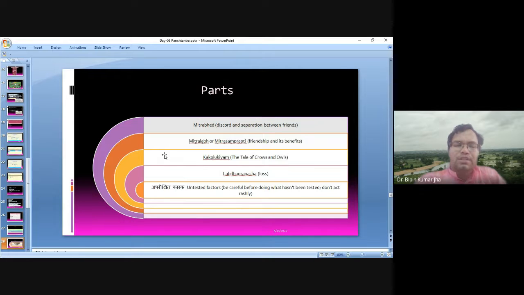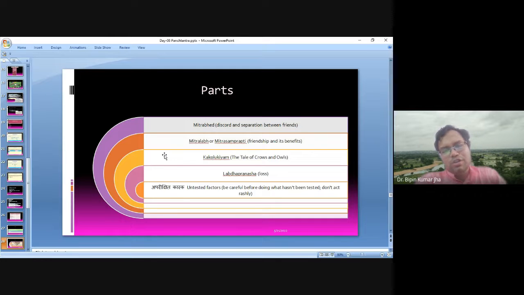So this is the first text to study, and another text is Amarkos, which is based on synonyms, a dictionary of the words used in day-to-day life.